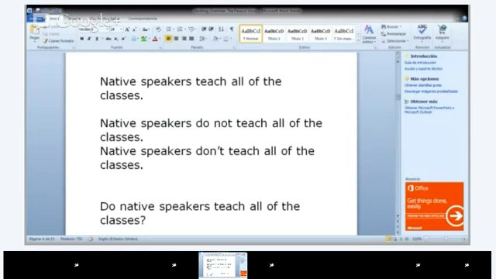The icon on my screen is a blue box with a V in it, and it says Verbling classes. You need to click on that link. Now, do we have any other examples? All of the classes are taught by native speakers, right?